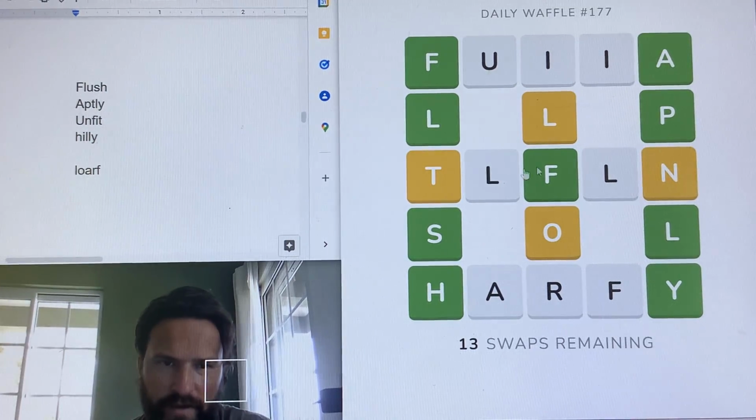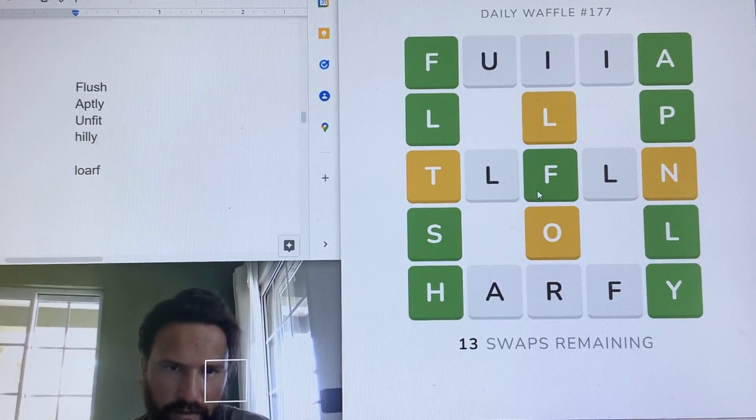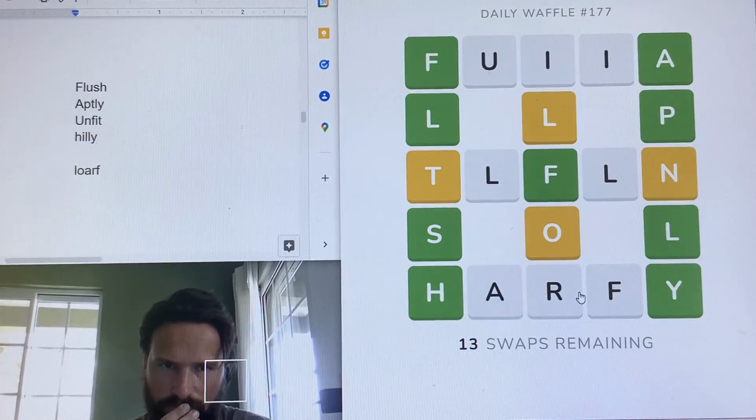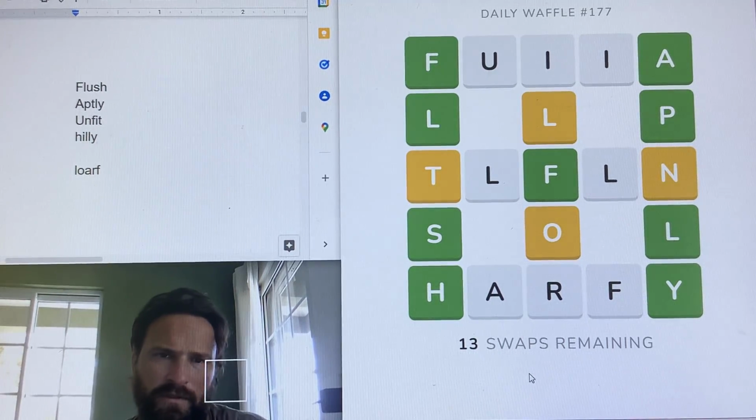Okay, well, there's 1,000 L's. We must be able to move an L with something else. Hilly. Unfit.